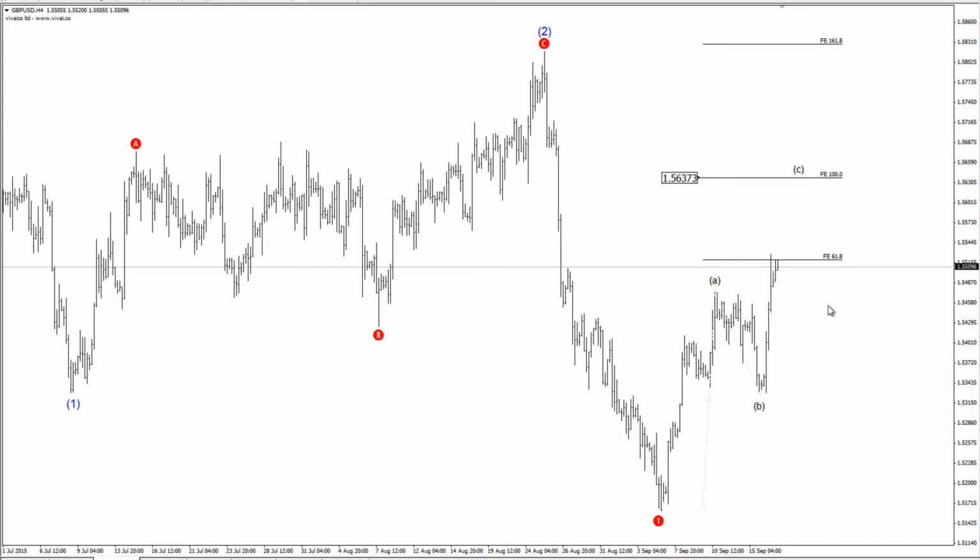And this is following the ABC form quite nicely, so I'm expecting more upside on this pair.